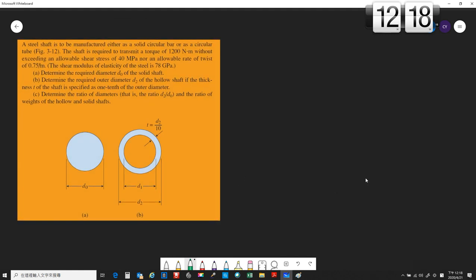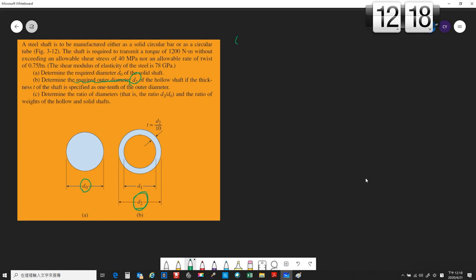Similar. They want to know the required outer diameter D2. That means the first question is the solid, where they need the required D0, and the second question the required D2.